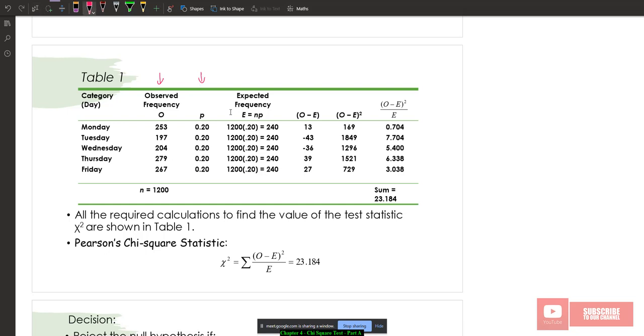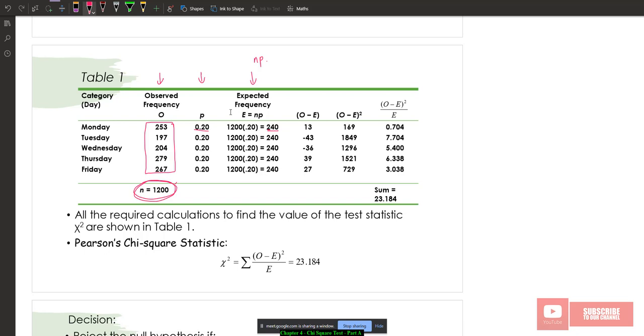And then we create another column, which is expected frequency. Expected frequency is n multiplied by p, where n is the total value of observed frequency. This is the total, 1200, multiplied by 0.2, which is 240. So this is 240 for each category, right?